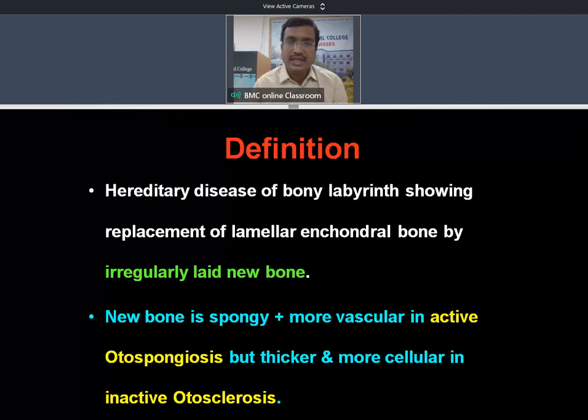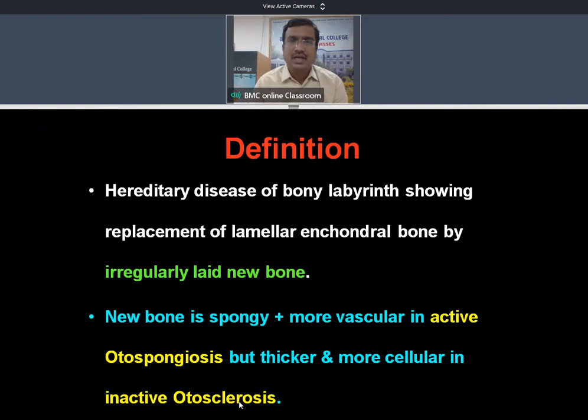But in inactive disease, the bone formed is thicker and more cellular in inactive otosclerosis. So you need to remember the inactive and active stages of otosclerosis. In the active stage, it is more cellular and less dense. In the inactive stage, it is thicker and more dense compared to the normal bone.